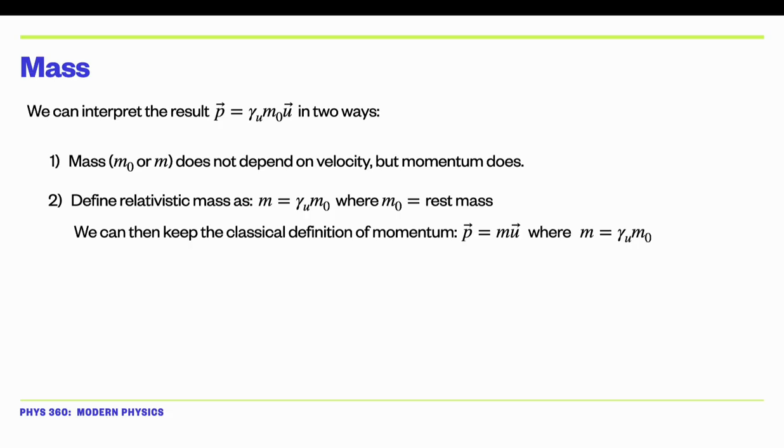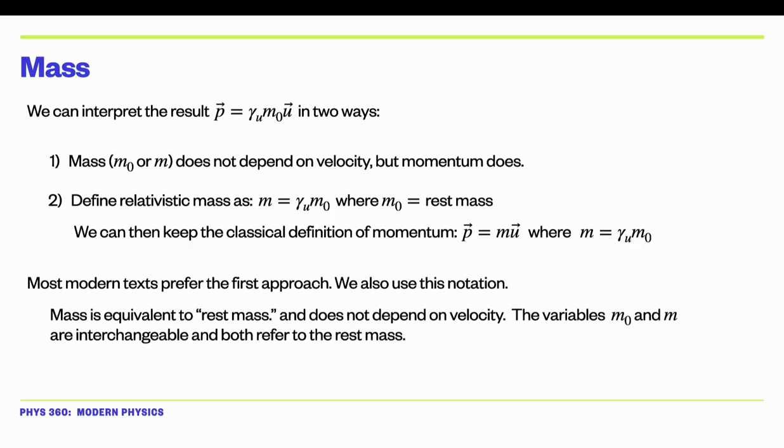We find this to be more confusing, and most textbooks tend to prefer the first way, and so that's what we're going to stick to. So throughout this class, mass is always going to be the rest mass. Whether there's a subscript naught there or not doesn't matter. Mass is always rest mass. So we'll use m naught and m interchangeably, and they're both going to refer to the mass of an object when it's at rest.